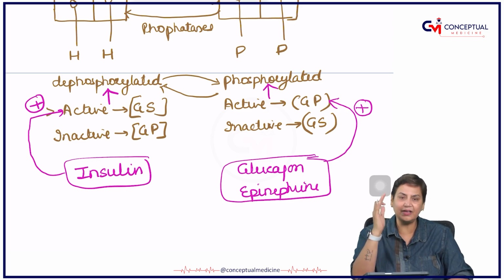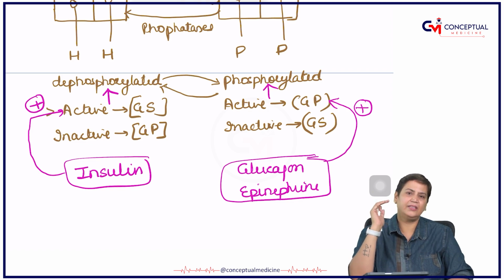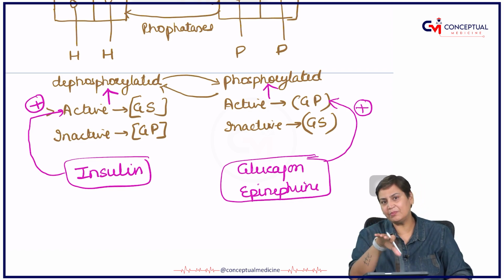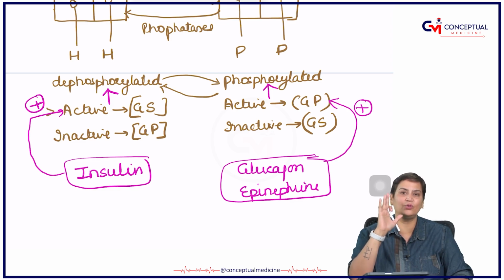And one thing always keep in mind, insulin being an anabolic hormone, whatever processes insulin accelerates, the rate limiting enzymes of that particular process are always active in their dephosphorylated form, be it PDH, be it glycogen synthase.